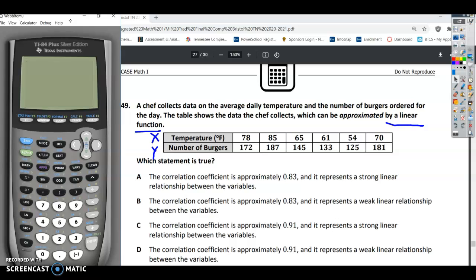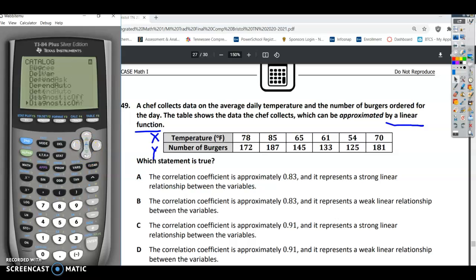All right, so the first thing I'm going to do is I can write an equation by going to Stat and calculate equation, but to get the correlation coefficient, I first have to turn on the diagnostics. So I'm going to go to second 0, which is my catalog. And when I get to my catalog, I'm going to scroll down until I find diagnostics on.